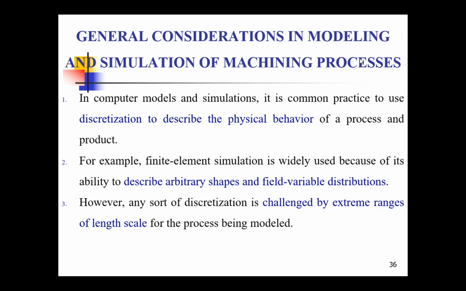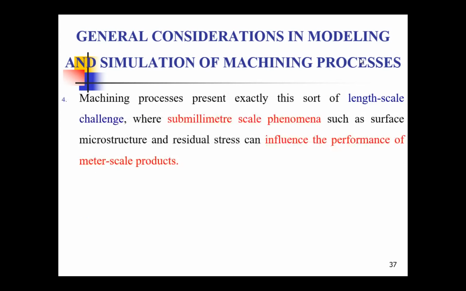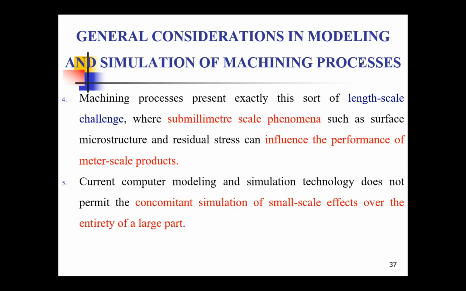But the problem associated with the discretization is the extreme range of length scales that we will be using in the study. Here we come across two different types of length scales. In the case of surface microstructure, we have to deal with the sub-millimeter scale. Whenever I am going to see the surface of a machined component, I have to use an optical microscope or a scanning electron microscope, so magnification I have to do.